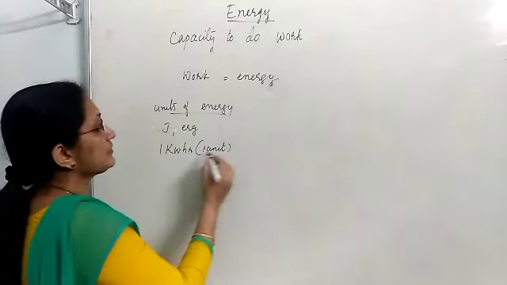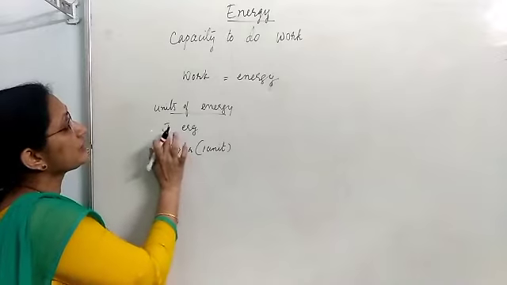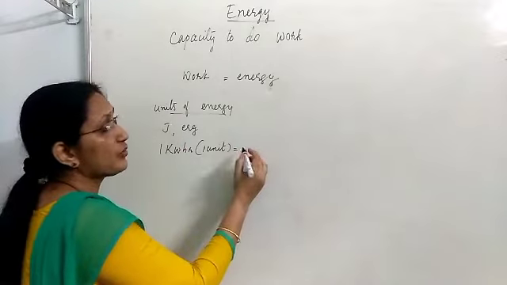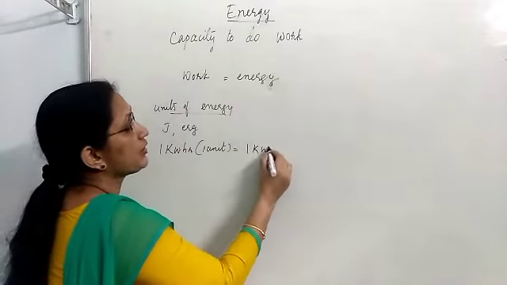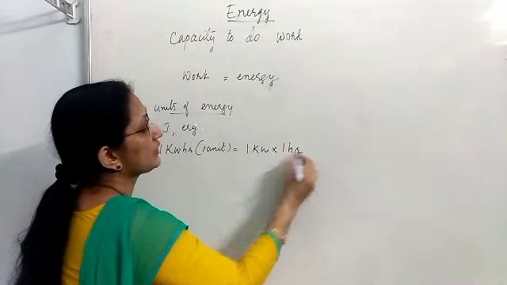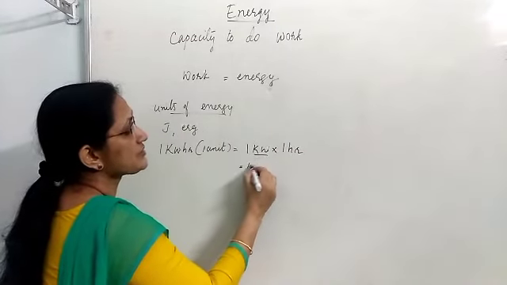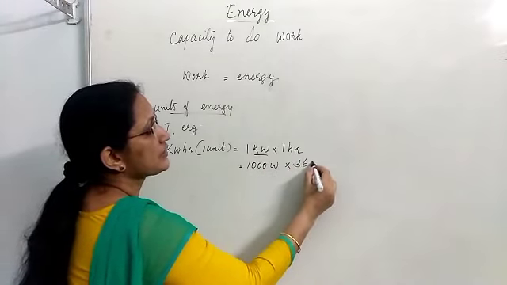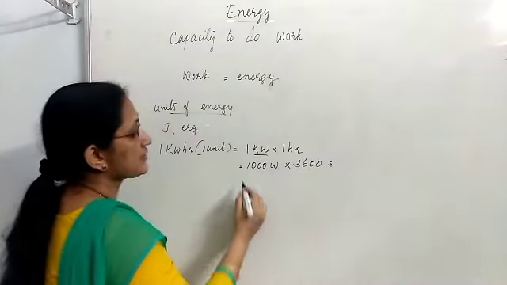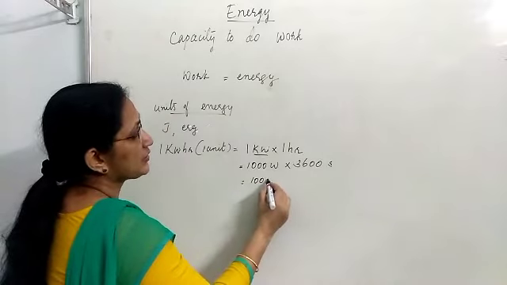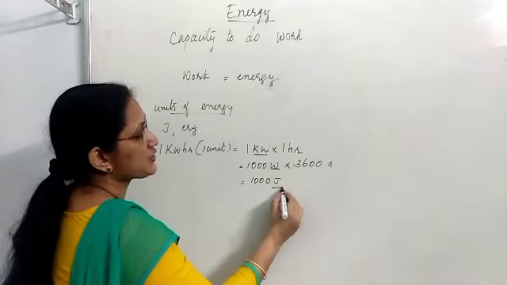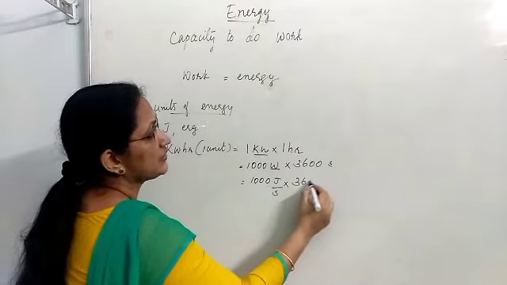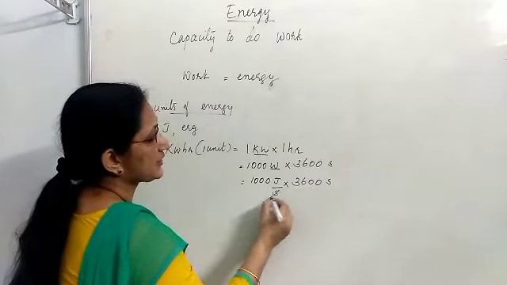Then let us see the relation between kilowatt hour and joule. 1 kilowatt hour means 1 kilowatt into 1 hour. 1 kilowatt means 1000 watt, into 1 hour means 3600 seconds. Then 1000 watt, its expansion is joule per second, into 3600 seconds.